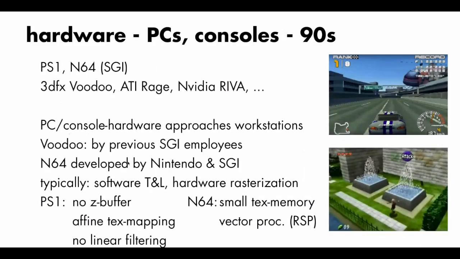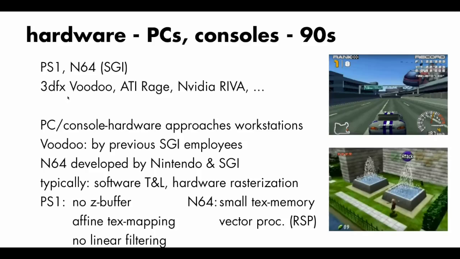Okay, and now in the 90s, we have this sort of expensive workstation culture merging with consumer style PC and console hardware. In the console space, we have PlayStation 1, of course, and N64, which was mostly developed by SGI as well.